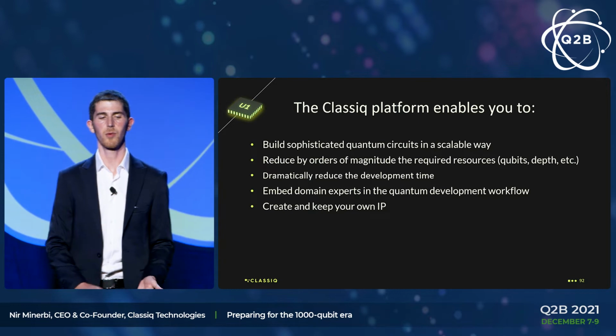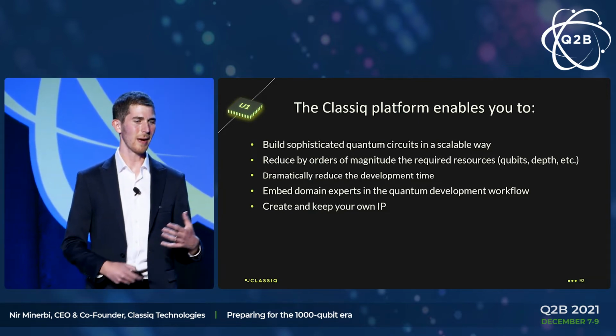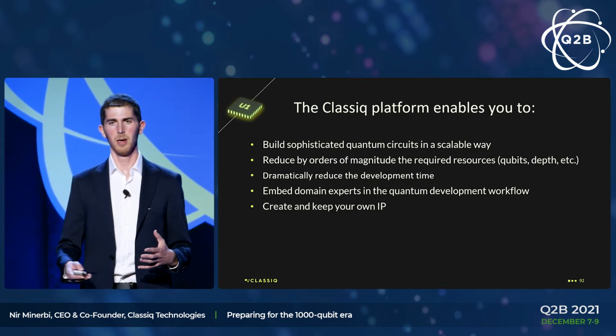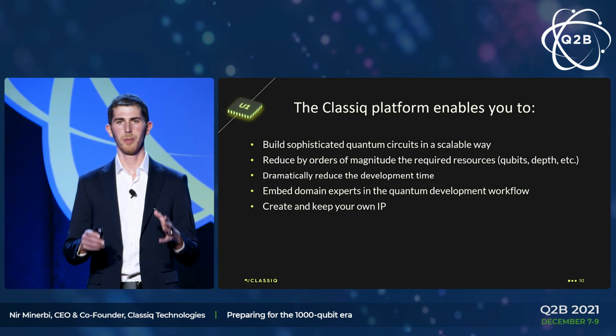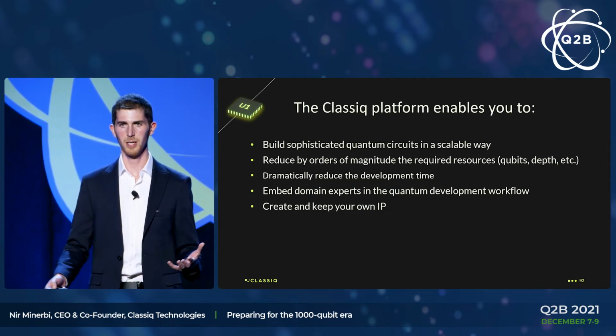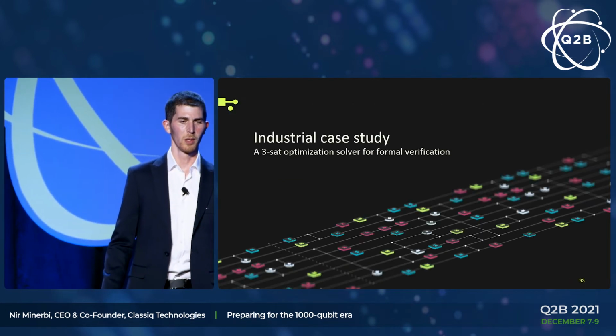So that's very important. It also dramatically reduces the development time, and it enables domain experts, who are non-quantum experts, to participate. Obviously, we need quantum experts to build the complex functions, but building models on top of these functions, that's something that domain experts definitely can and should do.